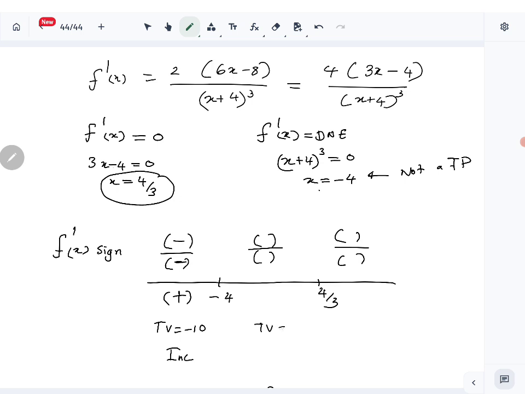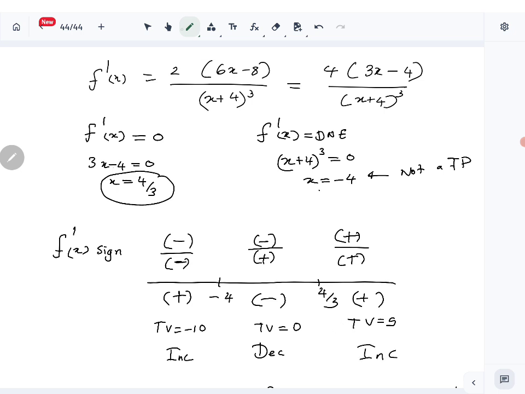Between minus 4 and 4 over 3, let's use 0. Then numerator is negative, denominator is 4 cubed, positive, so negative over positive is minus, so decreasing in this interval. Then after 4 over 3, let's take 5 as the test value, so positive, positive, so increasing in this interval, right?